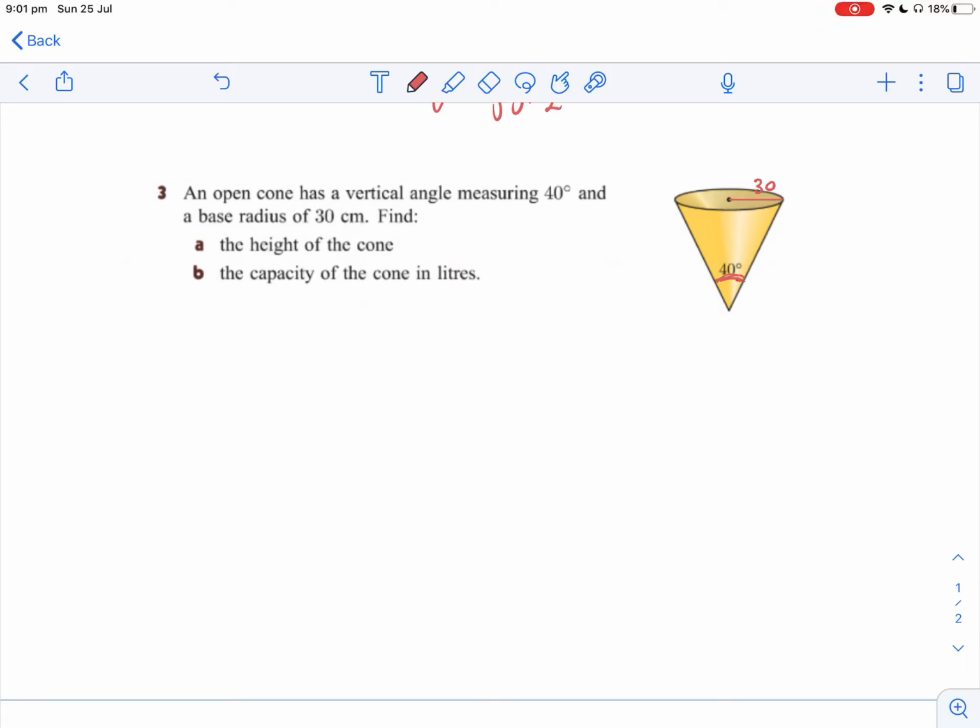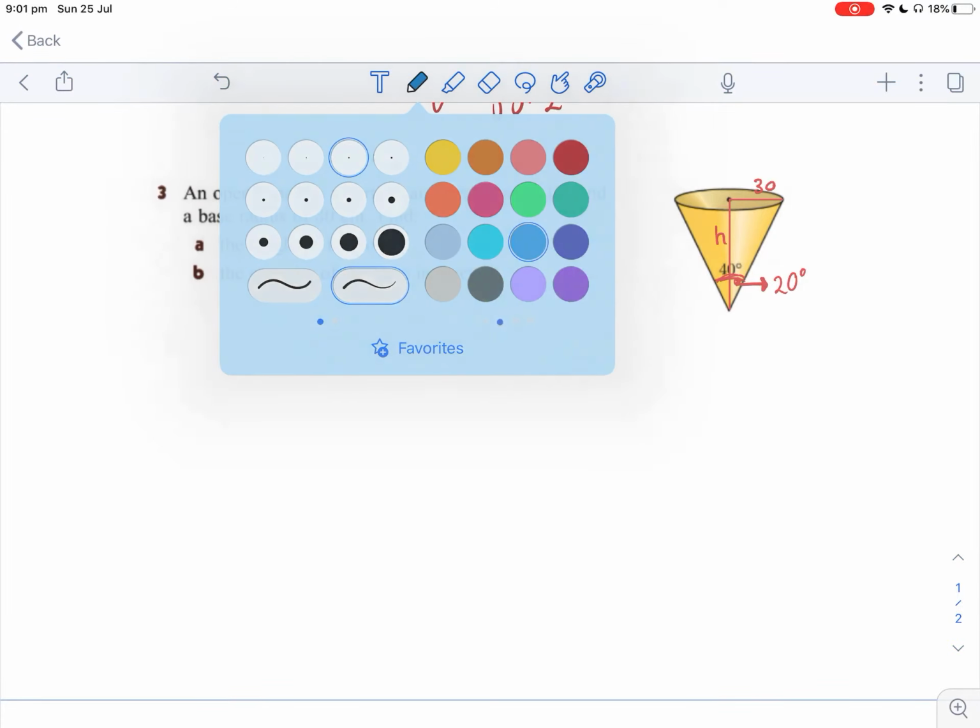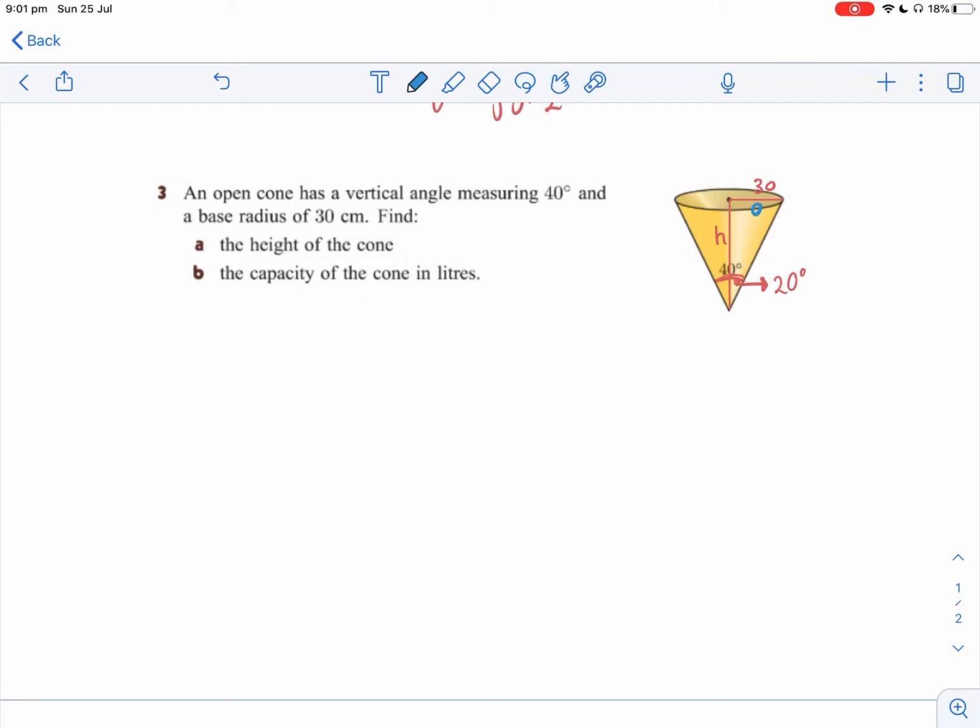It wants you to find the height of the cone here. So you're looking for the height. Your angle in this triangle now is going to be half of that, so your angle is going to be 20, and you have your opposite and your adjacent side length. So you should now be able to rearrange using tan to find the height.